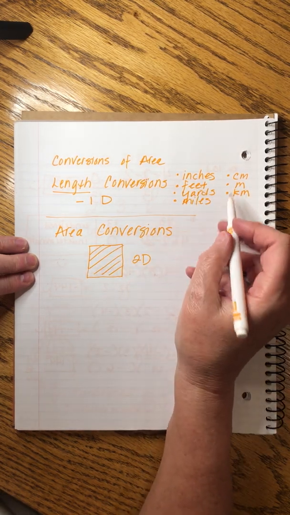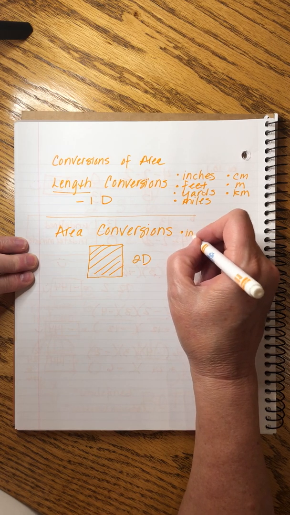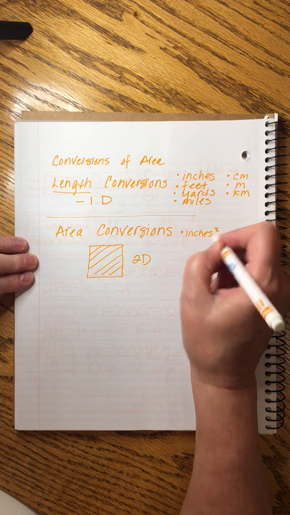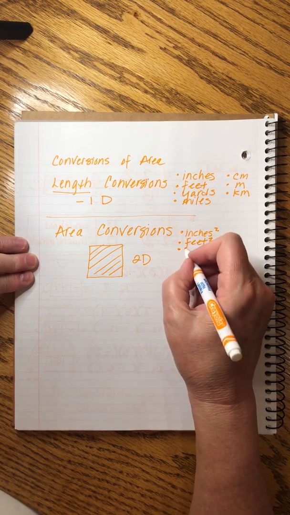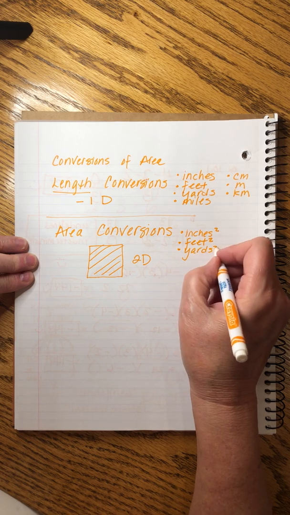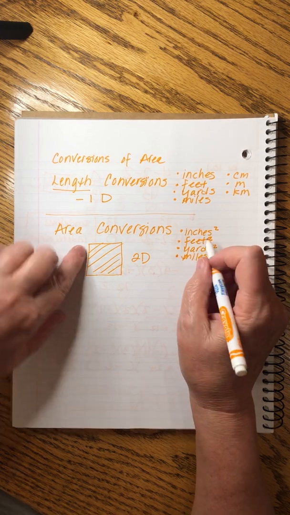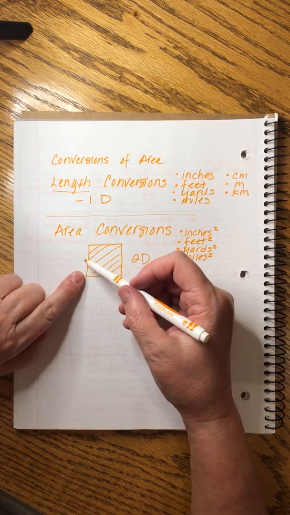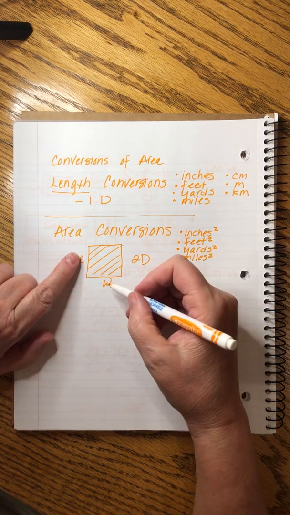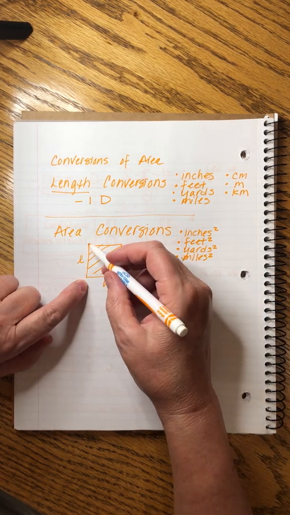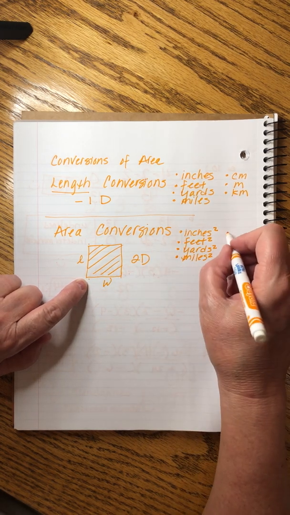And so we'll use these same measures, but it will be inches squared, feet squared, yards squared, miles squared, because when we find an area, we multiply the length times the width, and that's where we get the squaring, because it would be like 5 inches by 6 inches. So it would be inches squared. And same for metric.